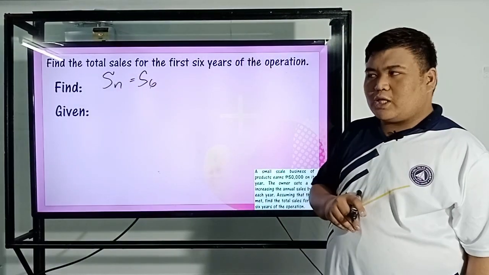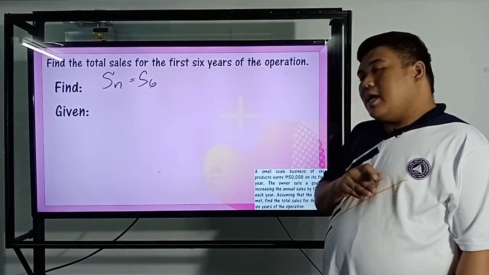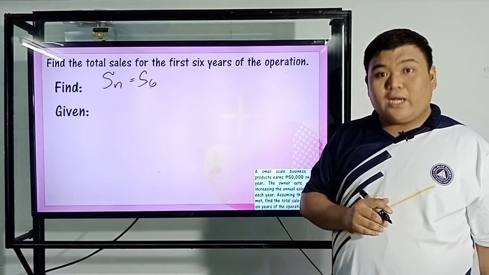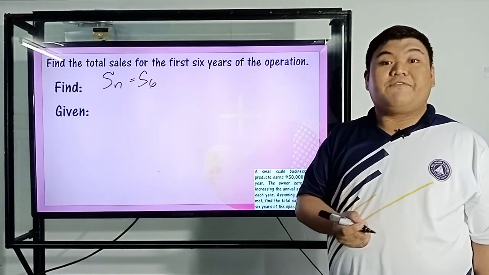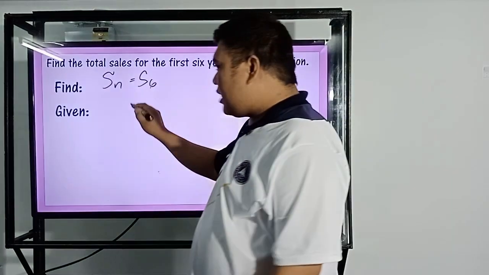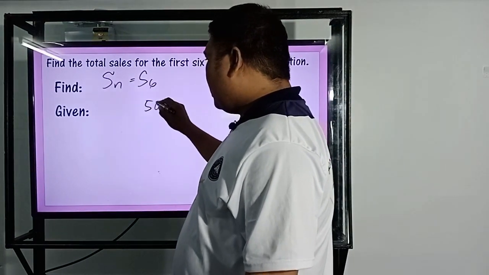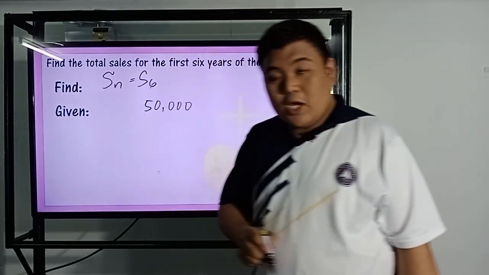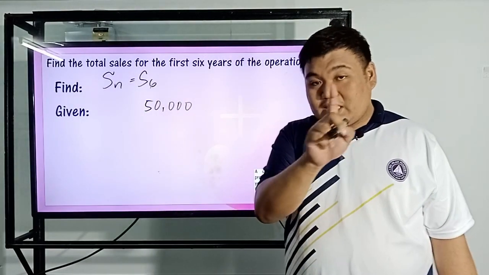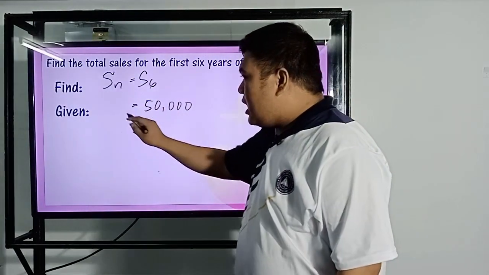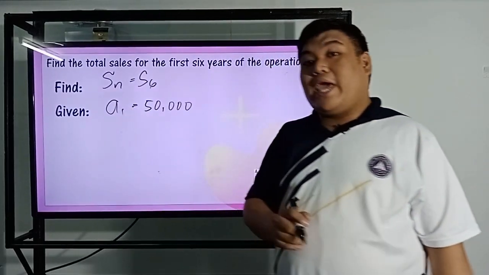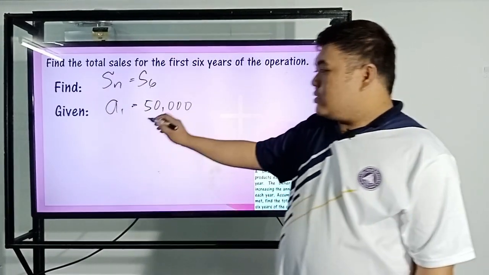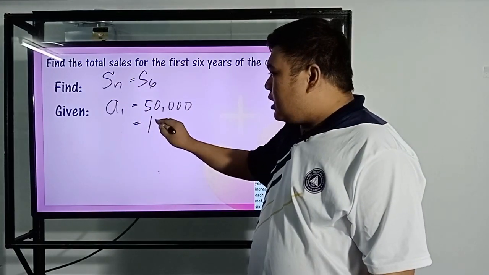Ano ba yung mga binigay sa atin ng word problem? Balik tayo kanina. Magkano daw yung kinita niya on the first year? Diba? Kumita siya ng 50,000 pesos. So that means, si 50,000 pesos, kung yun yung kinita niya on the first year, siya yung magiging a sub 1.